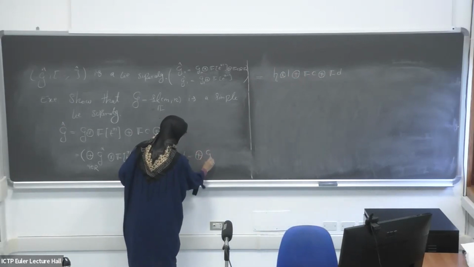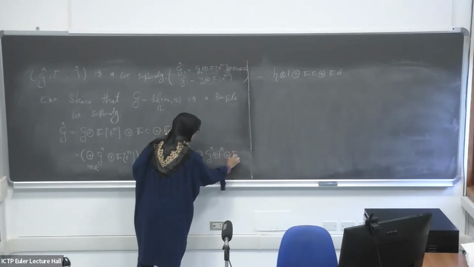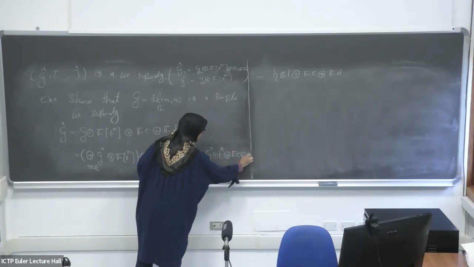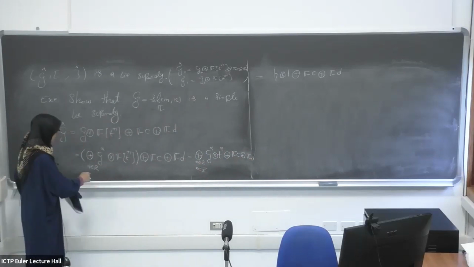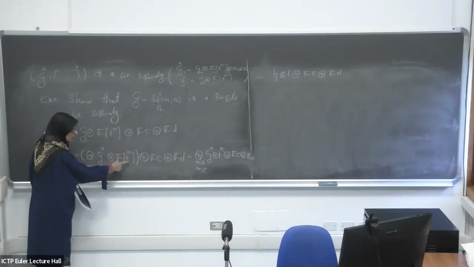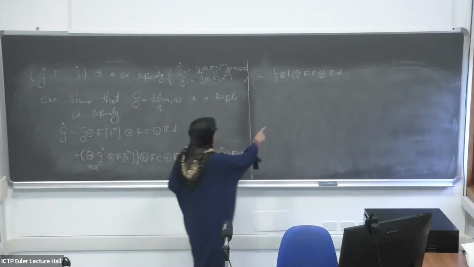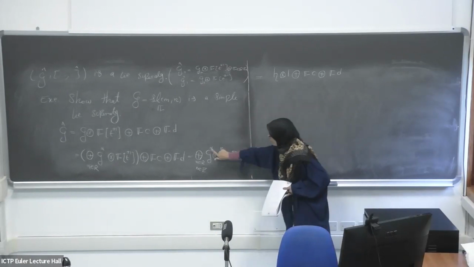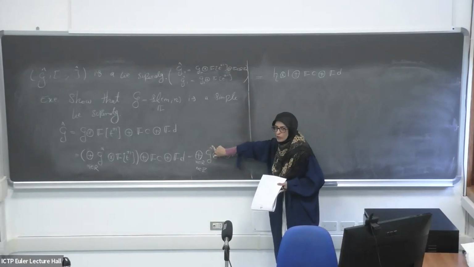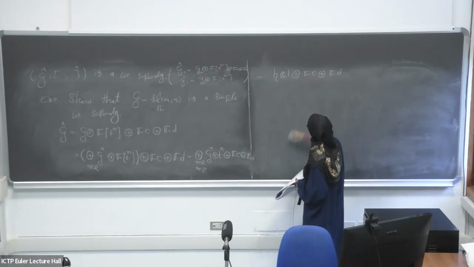Then G alpha tensor Tn, direct sum FC, direct sum FD, where alpha is an element of R and n is an element of Z, because FT plus minus 1 is the direct sum of FTn. Okay, and now I can write it in this way. When alpha is 0, G0 is just H. We have H tensor 1, FC, FD.